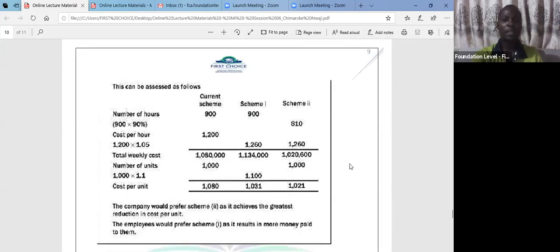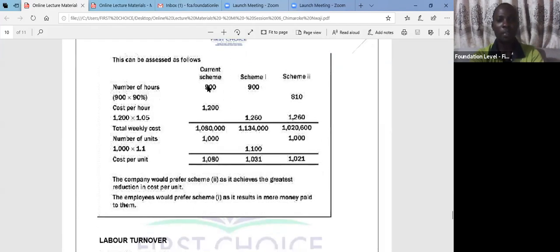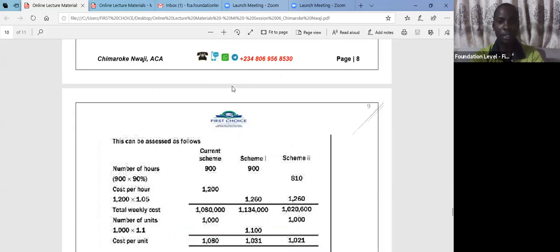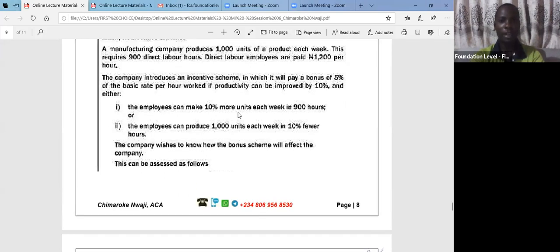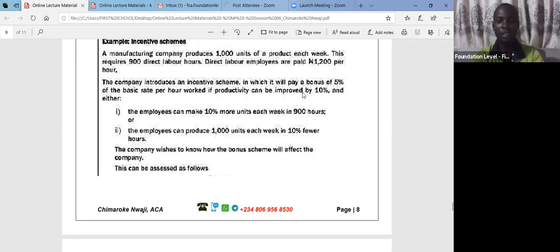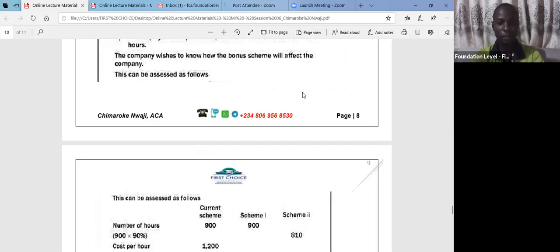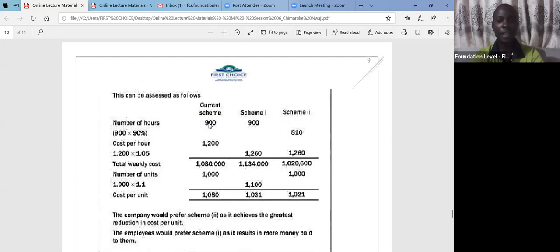The number of hours is 900, and you are paying them 1,200 naira per hour.